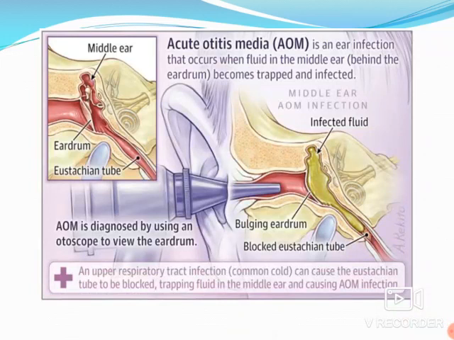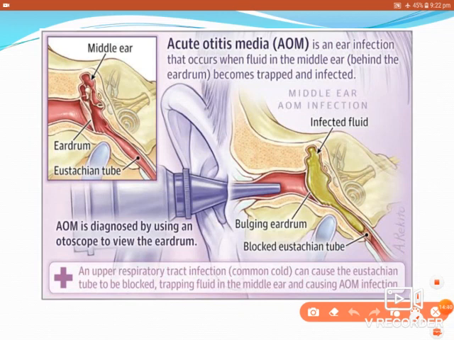Here you can see the external layer and the middle ear, and this is the tympanic membrane, or eardrum. Perforations and infections of the tympanic membrane can occur due to an external injury or infection from the middle ear, leading to otitis media.